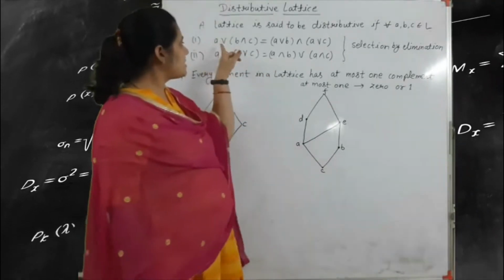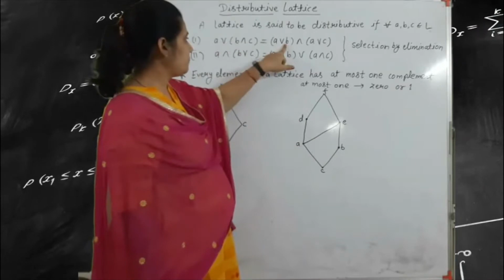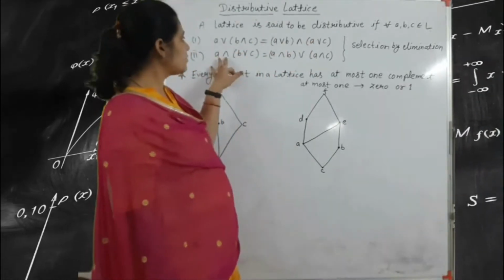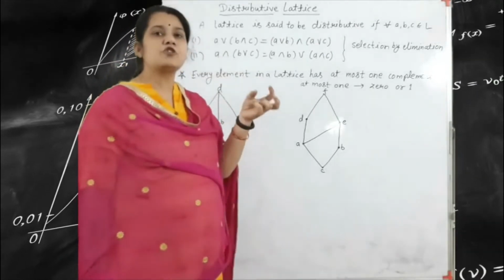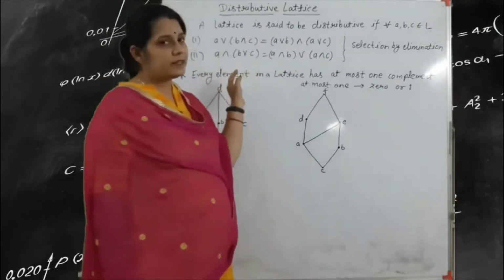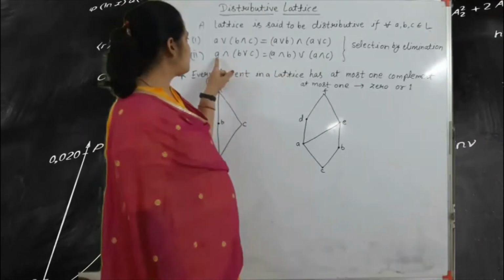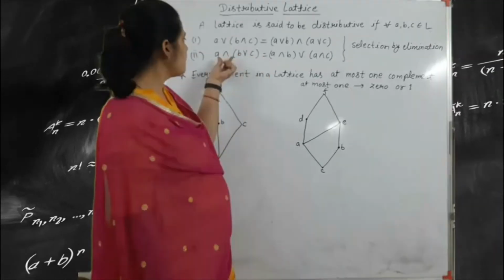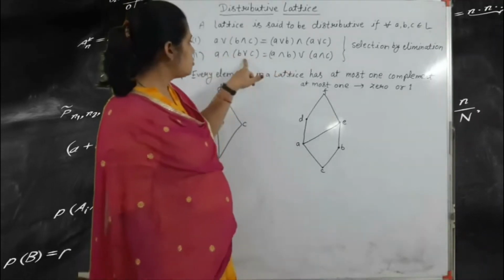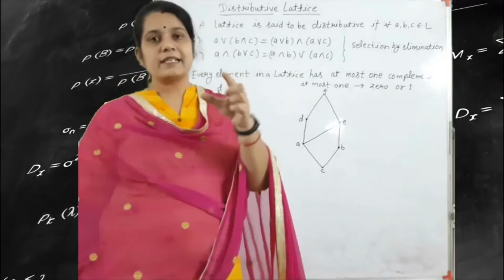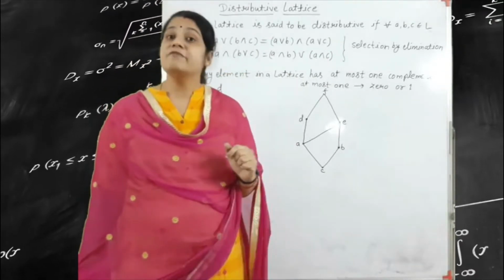So you write A join B meet A join C. And again, considering join and meet as union and intersection, you write for the second property A meet (B join C) is equal to A meet B join A meet C. If these two properties are satisfied, then we can say that this is a distributive lattice.